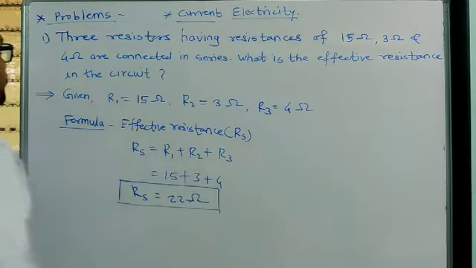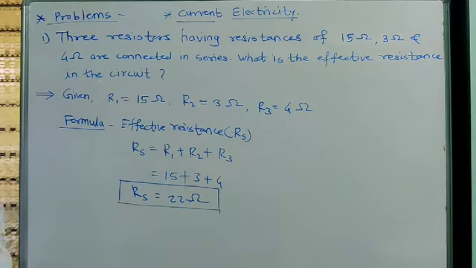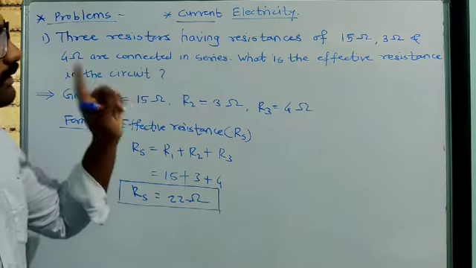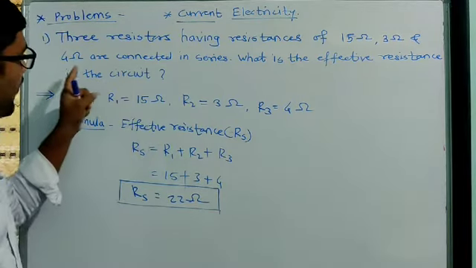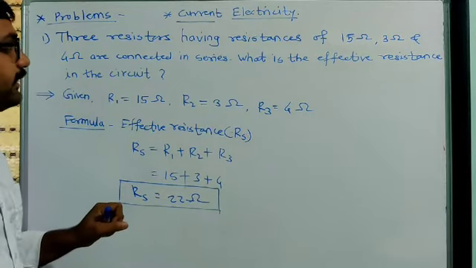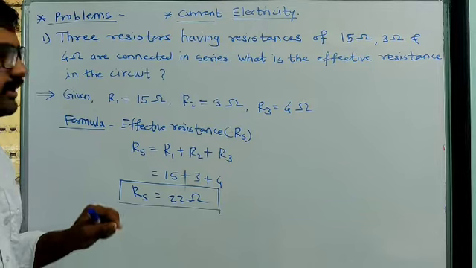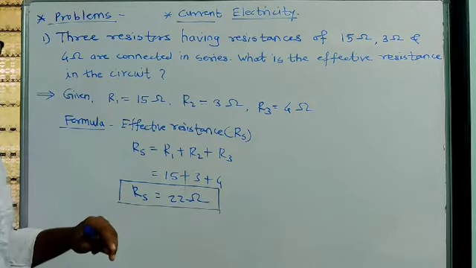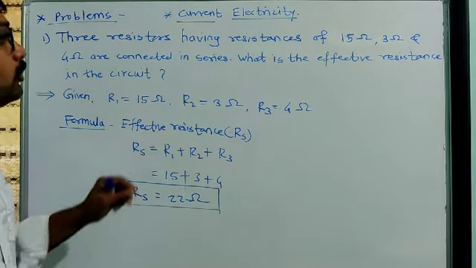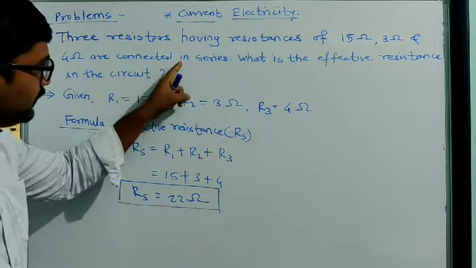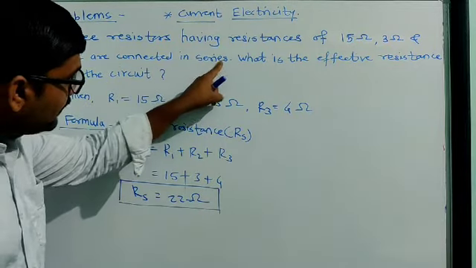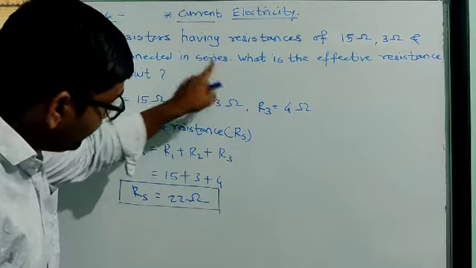First problem: three resistors having resistances of 15 ohm, 3 ohm and 4 ohm are connected in series. In the examination you have to read the problem carefully. Here they directly tell us that they are connected in series.